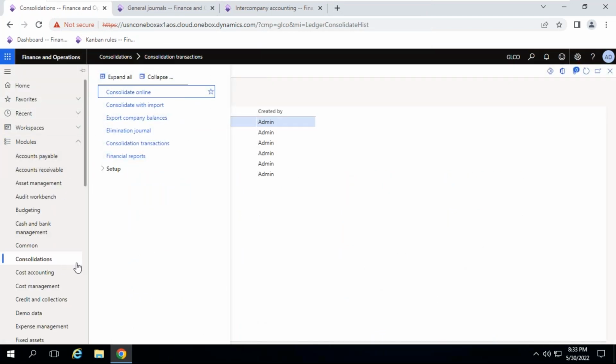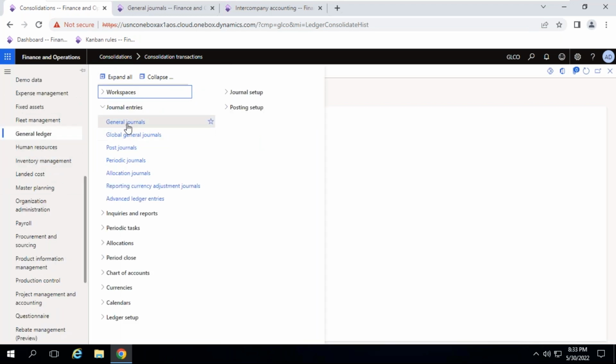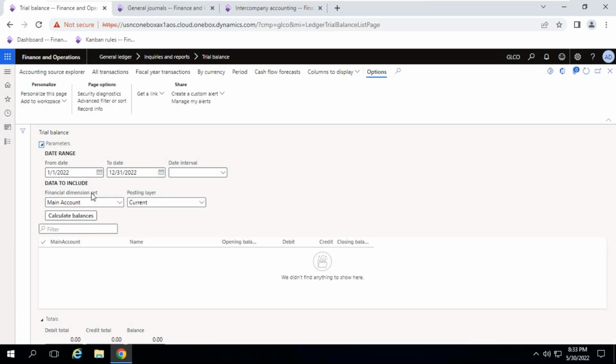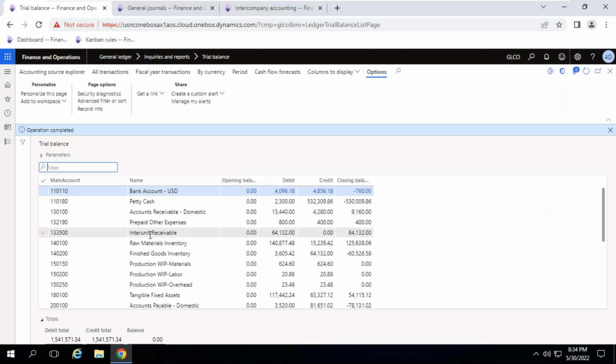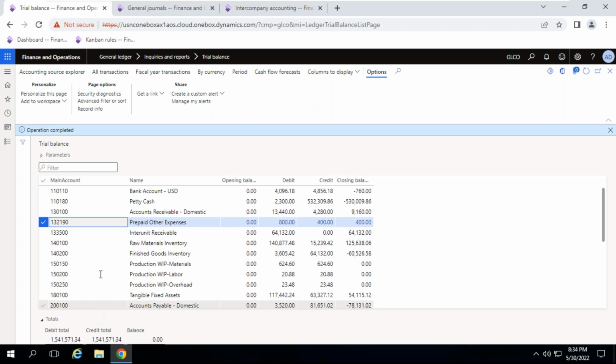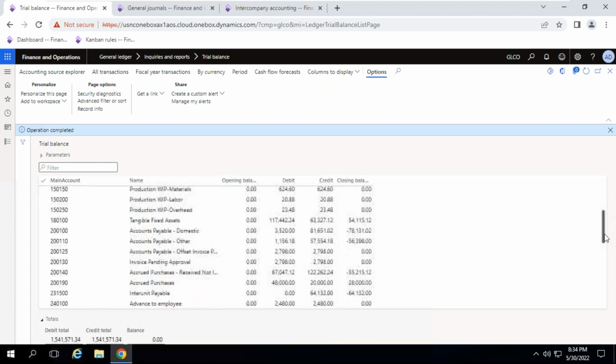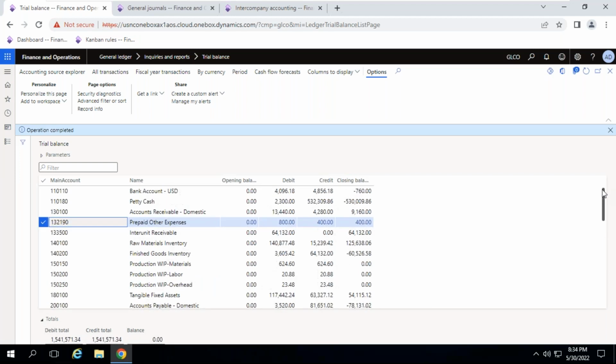If you go here, trial balance, now if you execute, now it is intercompany receivable. Where is that account? Sir, that one, inter-unit?